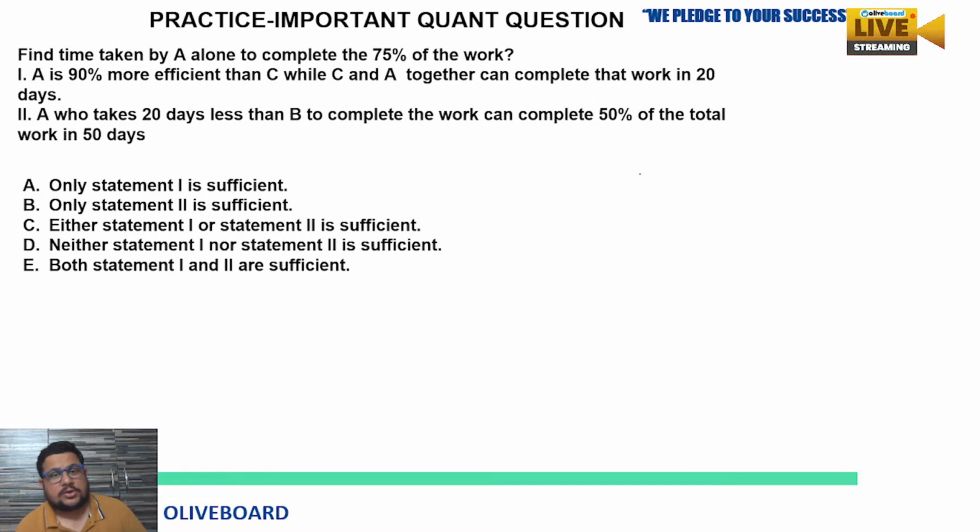This second one also you have to take the screenshot. These two questions belong to data sufficiency, so you have to answer these in the next session. I hope it is completely clear.